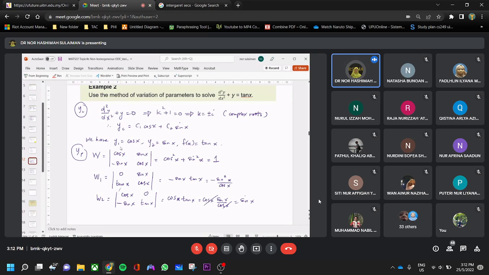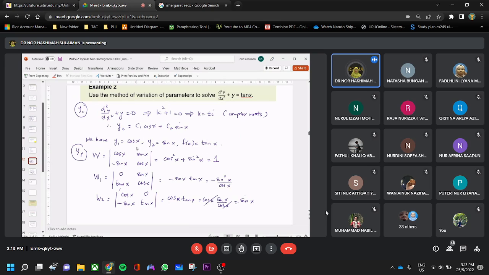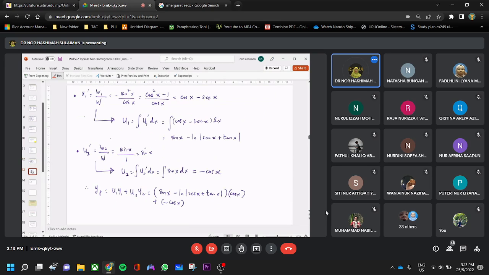U1, bukan U1, Y1. Cos x. Okay. Plus, what is U2? U2 happens to be negative cos x, and then dia punya Y2. Y2 is sin x.